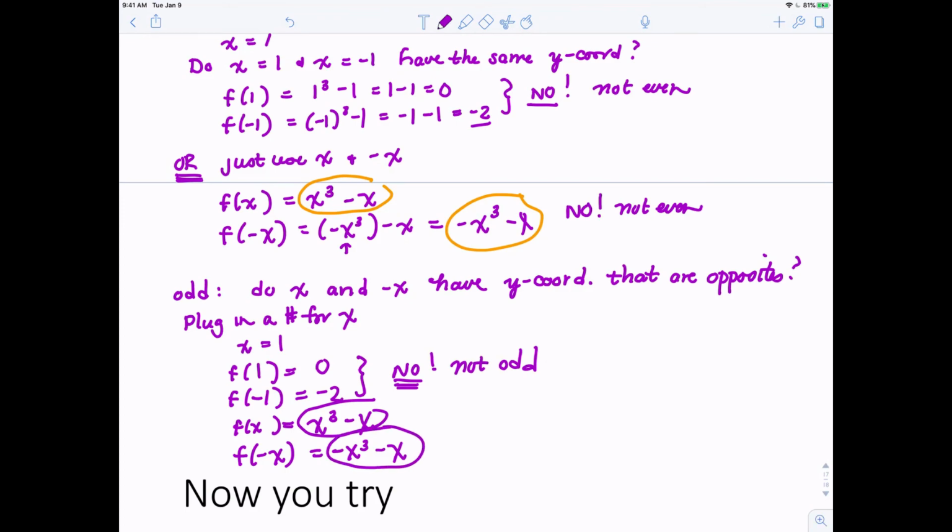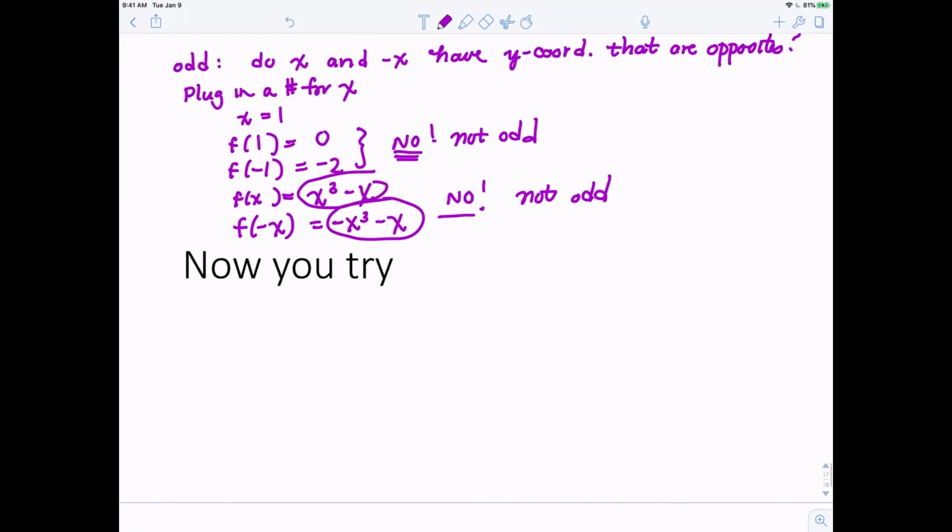And the answer is no. The second terms have the same sign, so they're not opposites. So this function is not odd. So this function we were looking at, f of x equals x cubed minus x, is not odd. It's not even. So an example of a function that's neither even nor odd. All right, and now there'll be a couple for you to try.